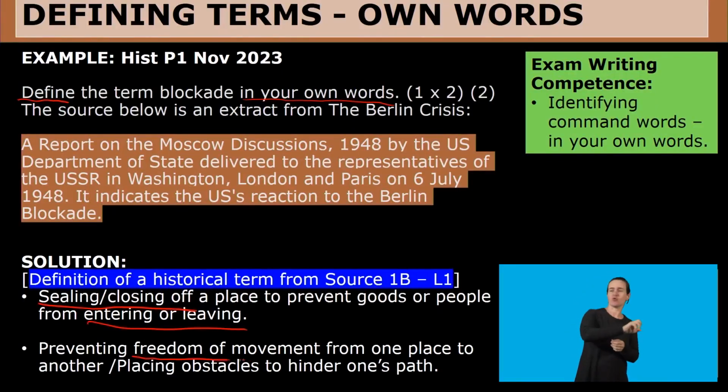Those words, freedom of movement, are very important, from one place to another, or placing obstacles to hinder one's path. So you can see that if they've given you these different choices, they are saying that any relevant answer is accepted, but it has to be relevant and it has to show your understanding of the term blockade.